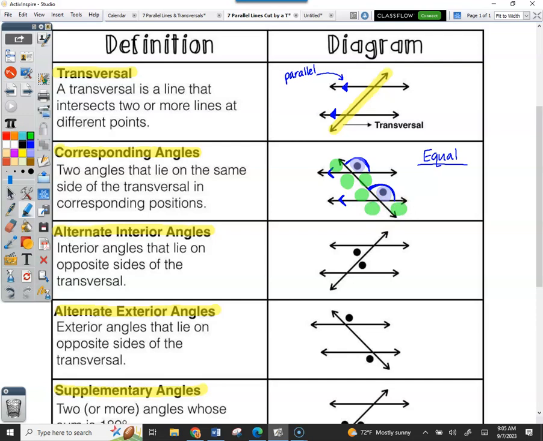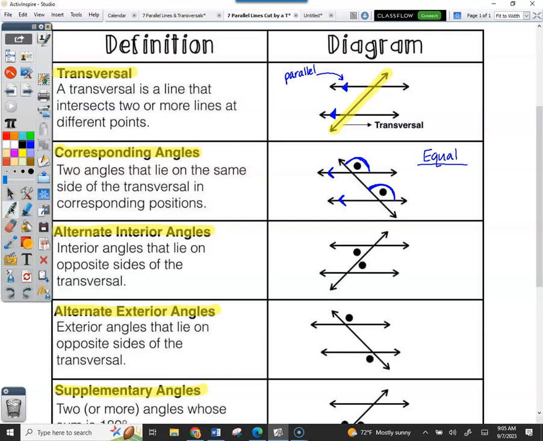Do you notice how the purple angle is in the top right of both of those sections? That's why it's called corresponding. It means same position, okay? Corresponding is the hardest one for people to remember for some reason. And I think it might just be because you have to look at it as 4 and 4, and it's top right, top right.